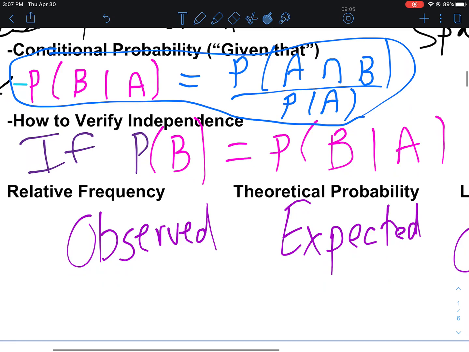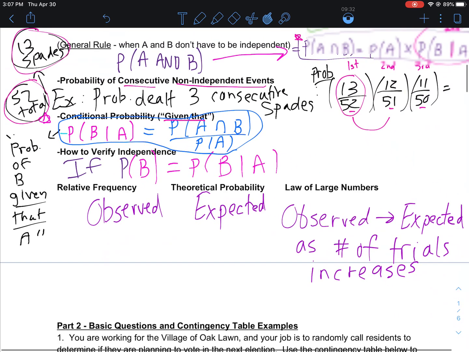That's the conditional probability terminology, and a lot of times we say that is given that. So technically, the way you'd interpret or read this right here, you would say the probability of B given that A has occurred. What does that look like as a formula? It's this, where this is like saying A and B, and this is like saying A has occurred.